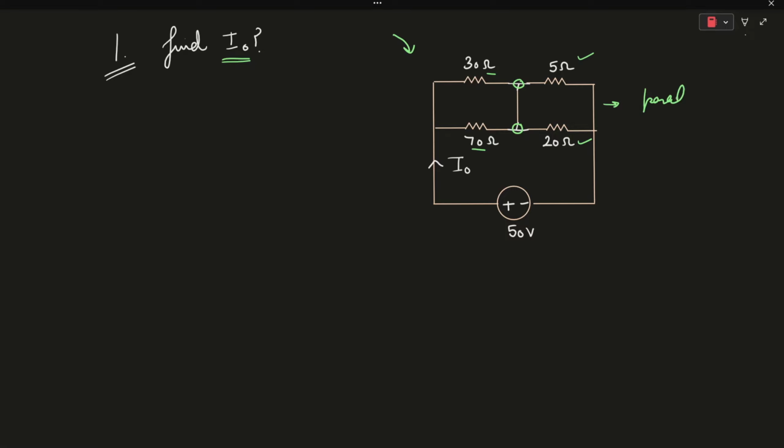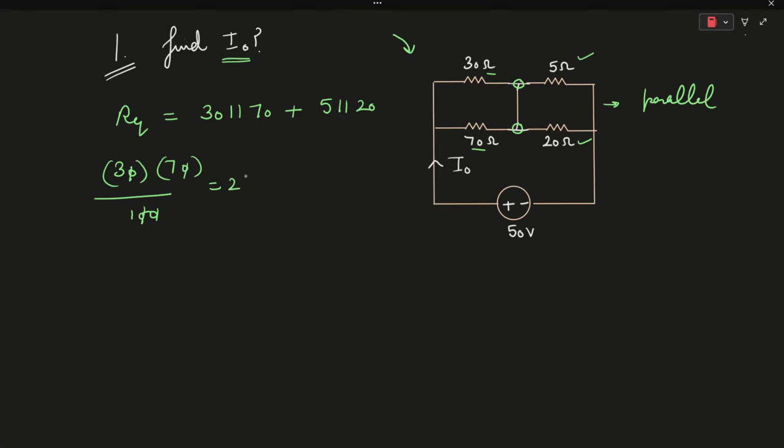The equivalent resistance R equivalent of this circuit will be equal to 30 in parallel with 70, plus 5 in parallel with 20. So 30 into 70 upon 30 plus 70, which is 100, will be equal to 21 ohms.